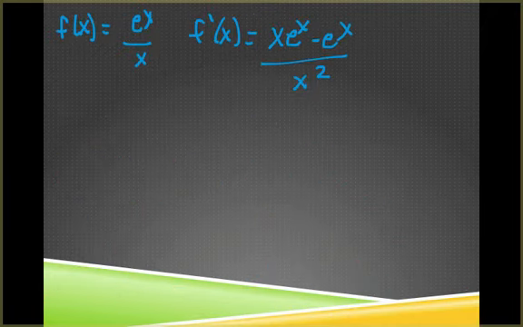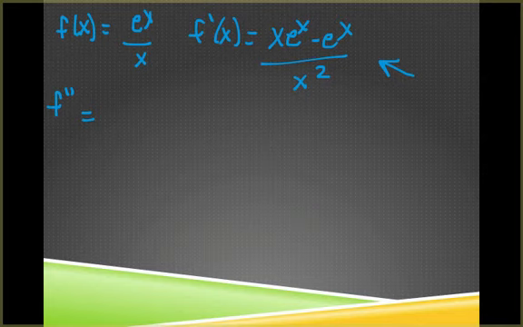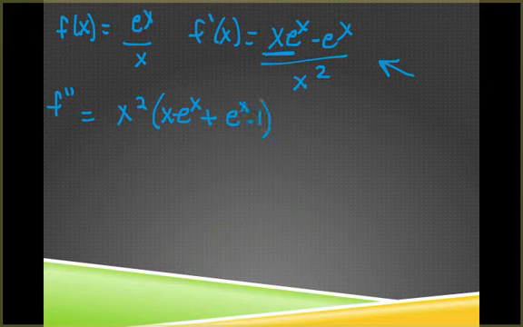Now let's work with our second derivative. I went ahead and rewrote my first derivative back in the unfactored form, so I could just take my derivative in that form. So my second derivative would be my denominator, x squared, times the derivative of my numerator. Well, the derivative of x e to the x, you're going to have to use the product rule, would be first term, derivative of the second, plus second term, derivative of the first, then minus, let's not close that yet, the derivative of e to the x, which is e to the x.